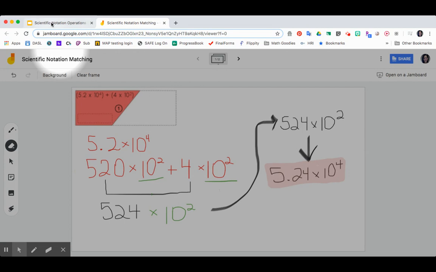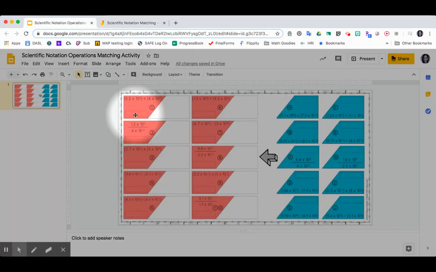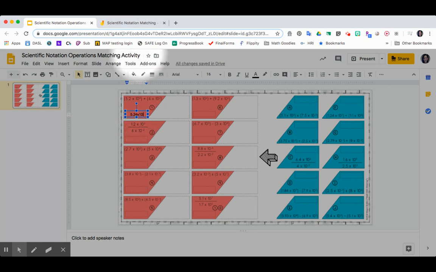So I'm going to go back to our matching document, and I'm going to click on this box a couple times till I see a cursor. It's a double click. So our answer was 5.24 times, I'm just going to use the lowercase x, times 10 to the 4th. Right? Yes. Okay.